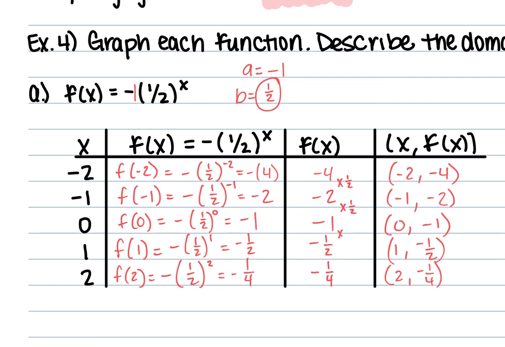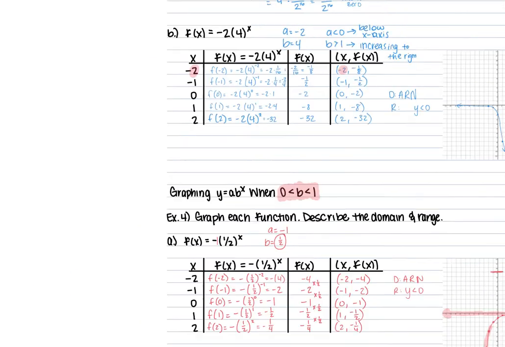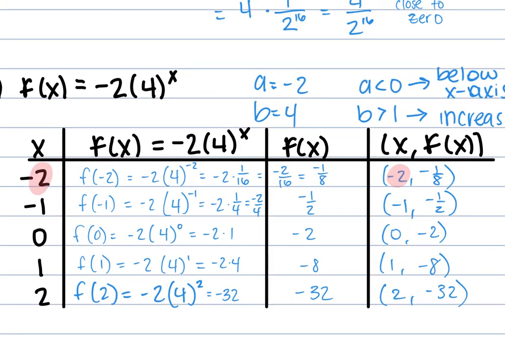What's -1 divided by 2? -1/2. -1/2 divided by 2? -1/4. Okay? Same thing. So whatever your b value was, this is a good way to check yourself. We should be increasing by a multiple of 4 here. And we certainly are. So whatever your b is, that should be the pattern that you notice in the exponential chart.